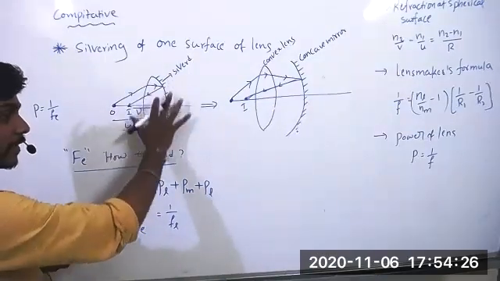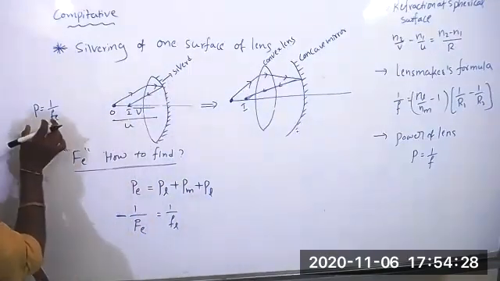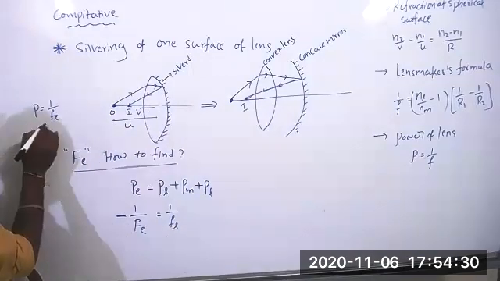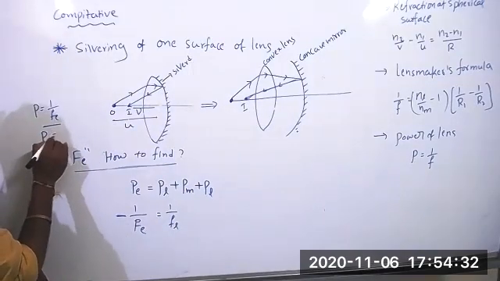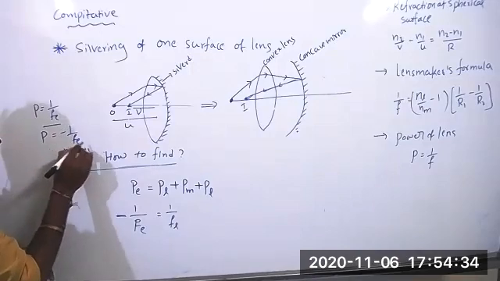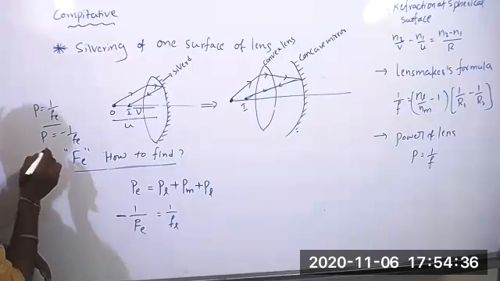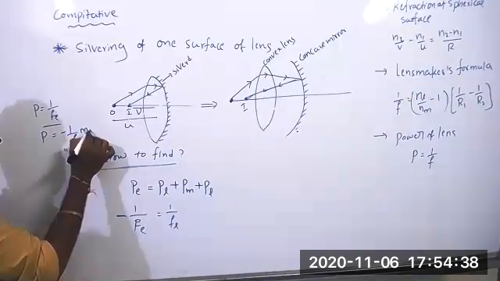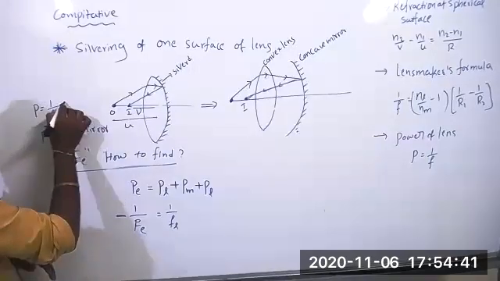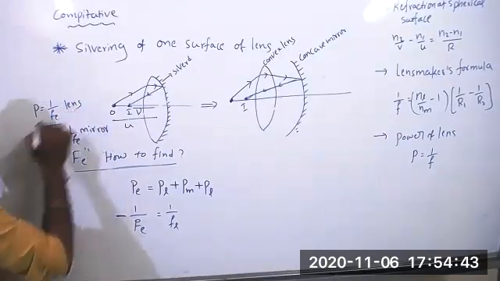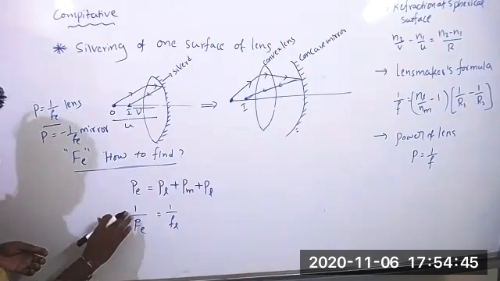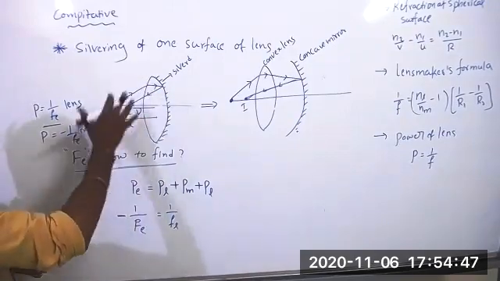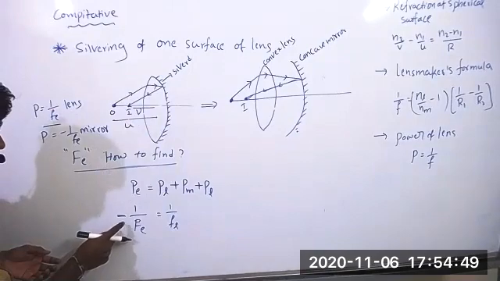So the power of the lens is positive, but the power of the mirror is minus 1 by Fe. Okay, so the power formula for a mirror is negative, for a lens positive. Here I have taken negative because the total system is acting like a mirror.